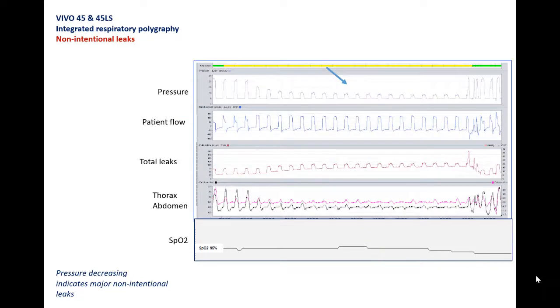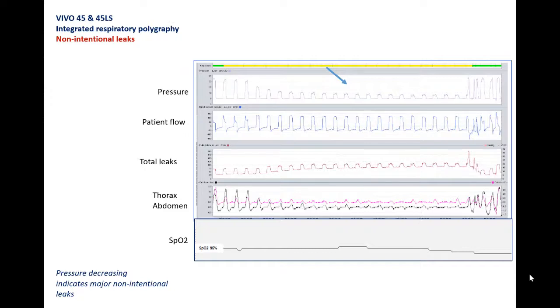Here is another case. So again, identify the oxygen desaturation, recognize the respiratory event on the belts, look at flow variation. The result is flow is increasing, then the event corresponds to non-intentional leaks, but furthermore, pressure is decreasing.